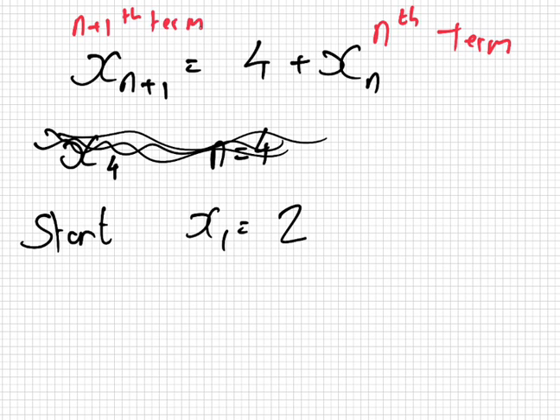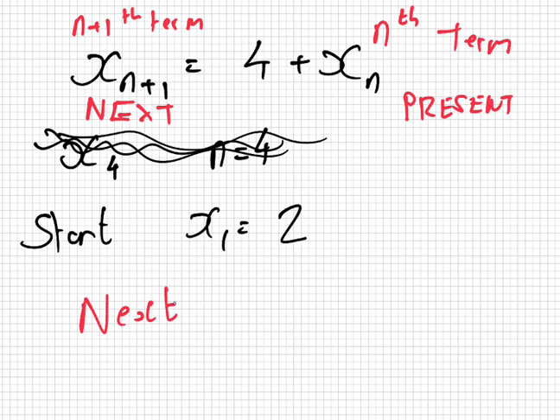In other words, to keep it nice and simple in English, this is the next term, and this is the term that we're on, the present term. So you read it as the next term equals 4 plus the present term. Whatever term you're on, you add 4 to it, and you get the next term.